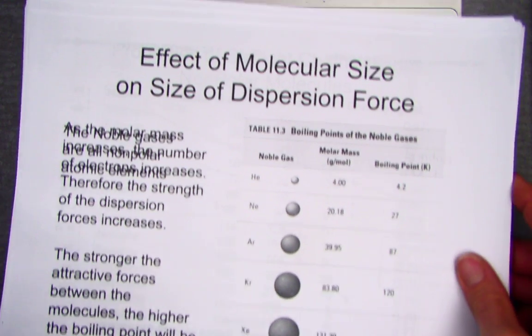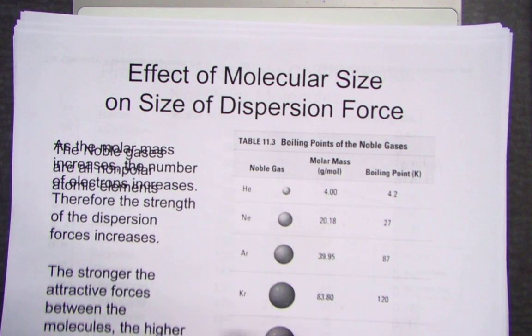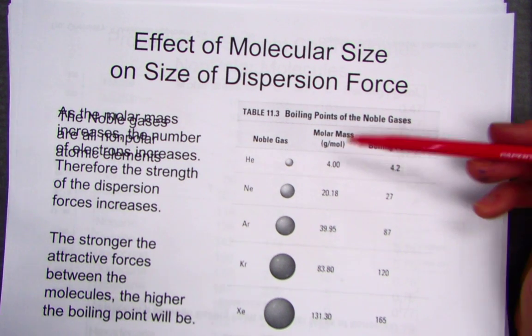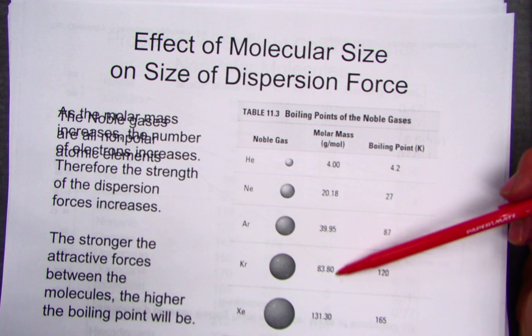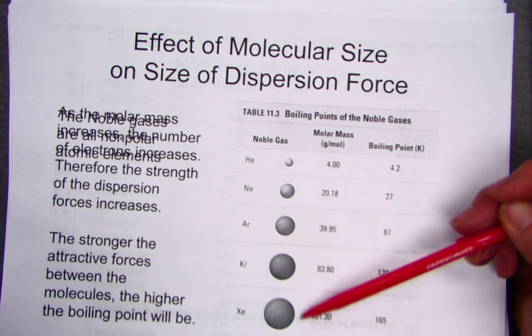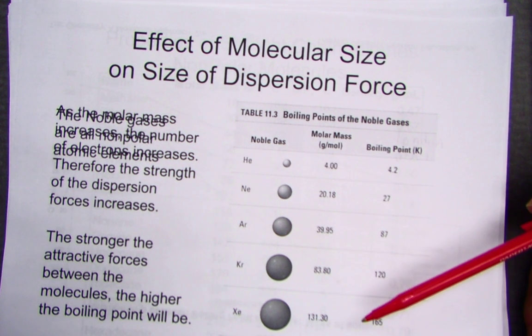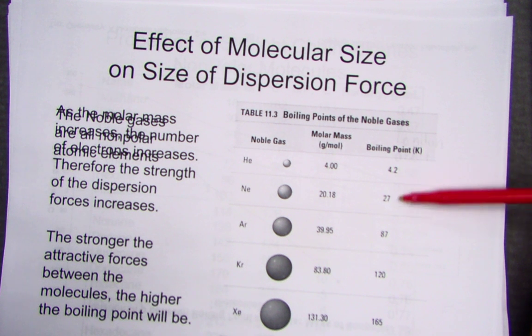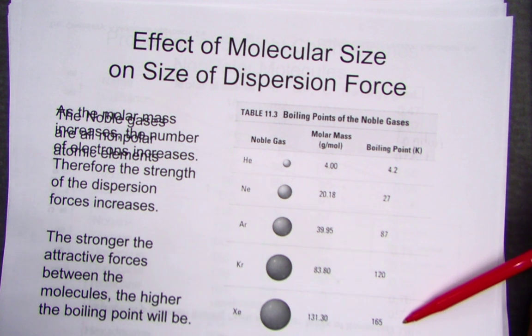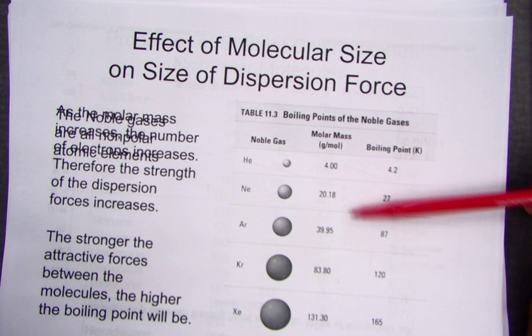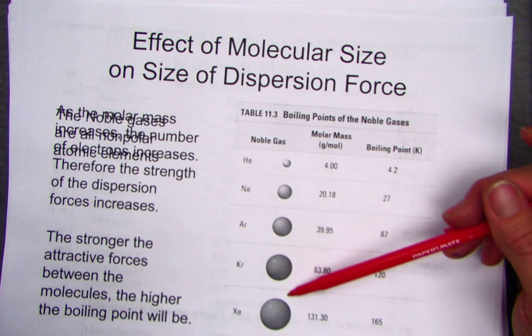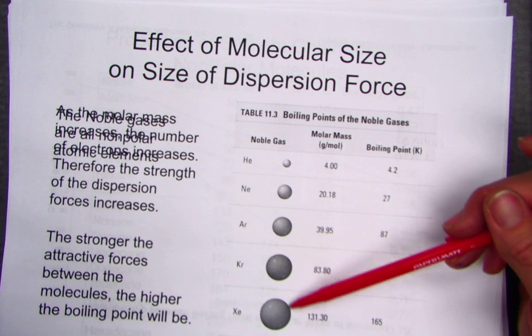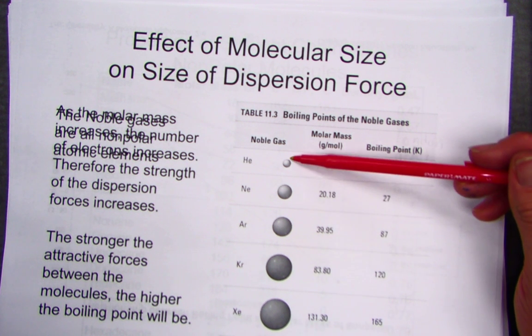So in this particular graph, I know there's some overwriting here, but let's make some sense. These are the noble gases, and the molar mass is definitely increasing as the size of the atoms increases. They get heavier as you go down a column. I can clearly see that the boiling point follows that same trend. The larger the atom, the greater the London dispersion force, again due to the manipulation of the larger electron cloud.